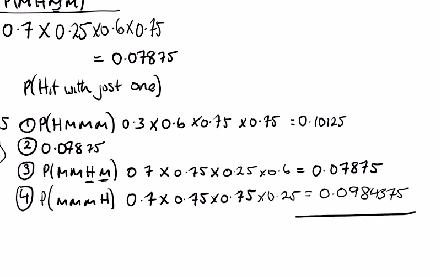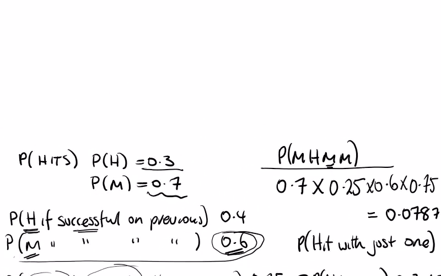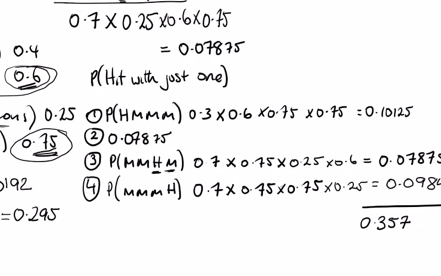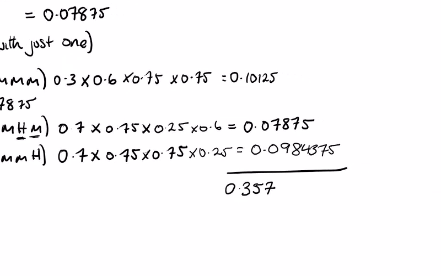It's going to give us a total of 0.3571. And I think it said 3 significant figures, is it? No, we just leave it at 0.3571 then. Well, it would actually be 72.